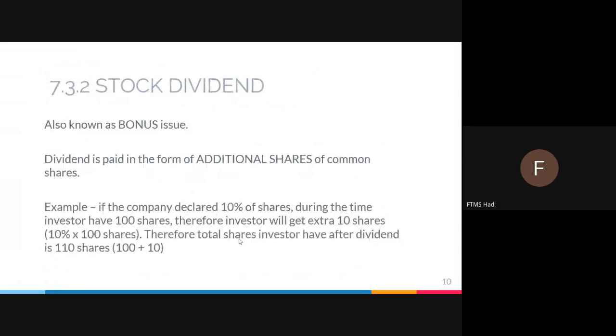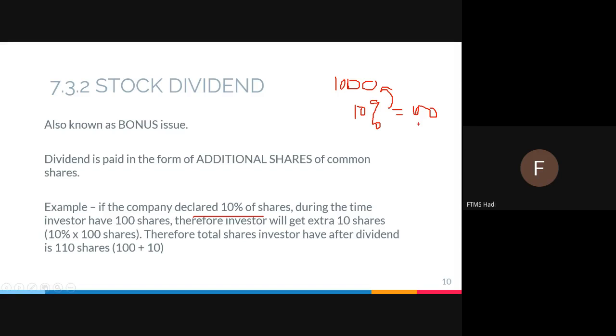Stock dividend is known as bonus issue, whereby the dividend is paid not in cash, but given in the form of additional shares. Usually they're given in percentage. For example, if you purchase 1,000 shares and the company declares 10%, you will get an extra 10% multiplied by 1,000, which is 100.